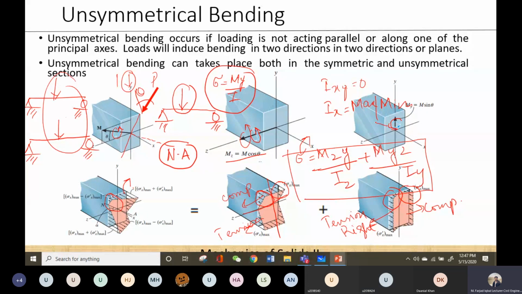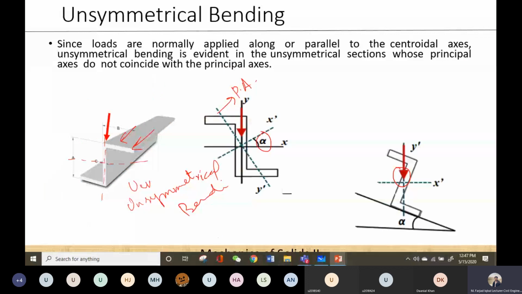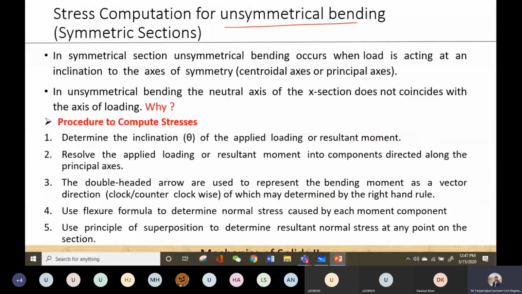That inclination won't be directly perpendicular to this applied load, because now I have to consider two types of moment, and because of these I have to calculate the resultant neutral axis, which may or may not coincide with the plane of loading. So this is what this concept means. So how to calculate?